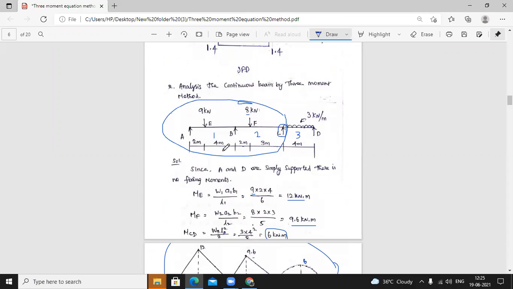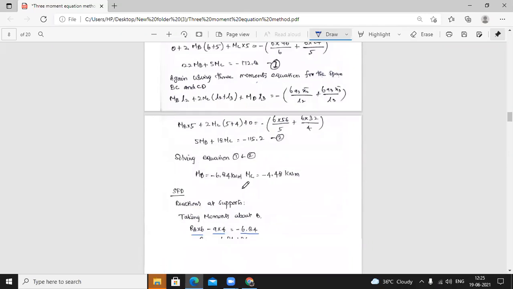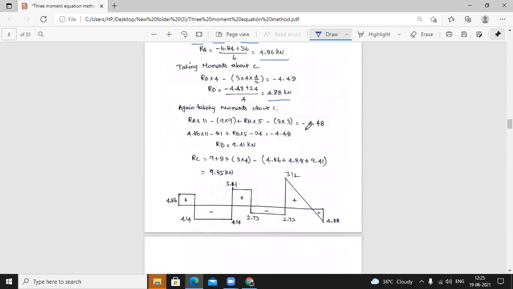RA and RB are plus values, and the 9 and 8 are minus values. What is the value of MC? In the equation we have to equate it to minus 4.48. So RA into 11 minus 9 into 9 plus RB into 5 minus 8 into 3.